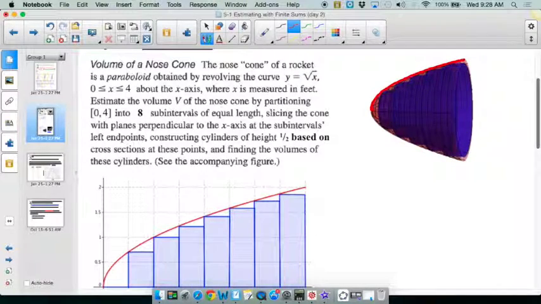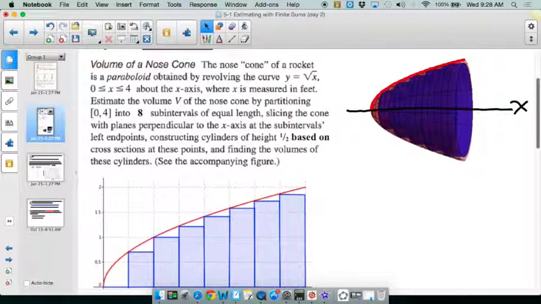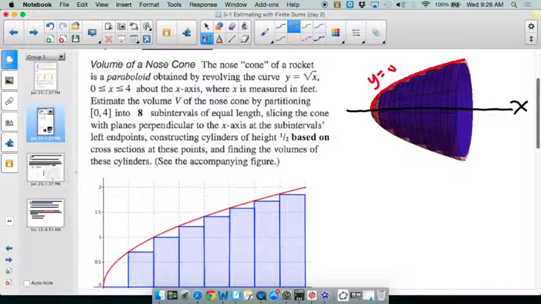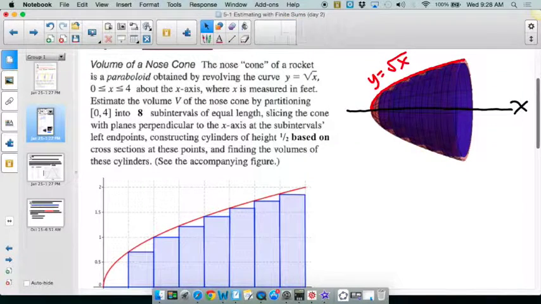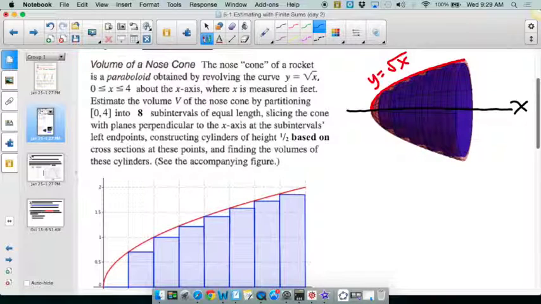That profile is basically the function y equals the square root of x. So if that is the profile of the nose cone and we graph that on a flat page, if we slice through that, then we can approximate the interior of that nose cone.